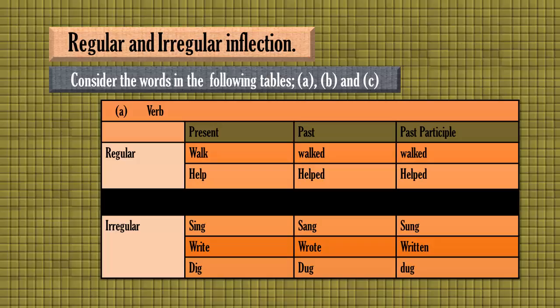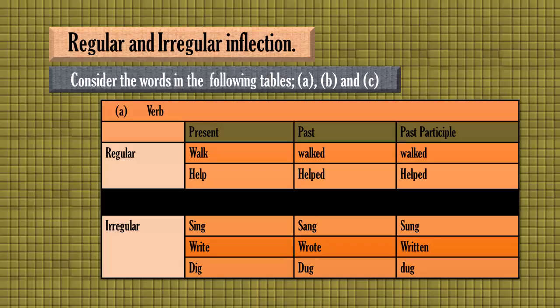Consider the words in the following tables: Table A, Table B, and Table C. In Table A, we see the regular verbs walk and help. The past and past participle of these verbs is formed by adding ed to the end of these verbs.